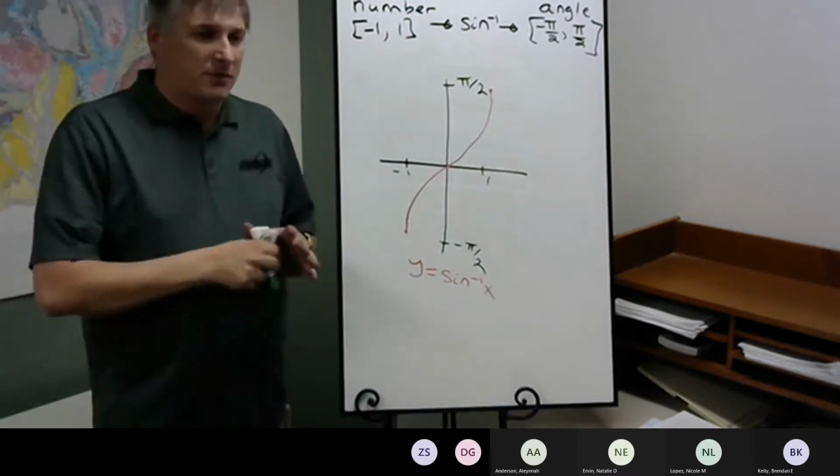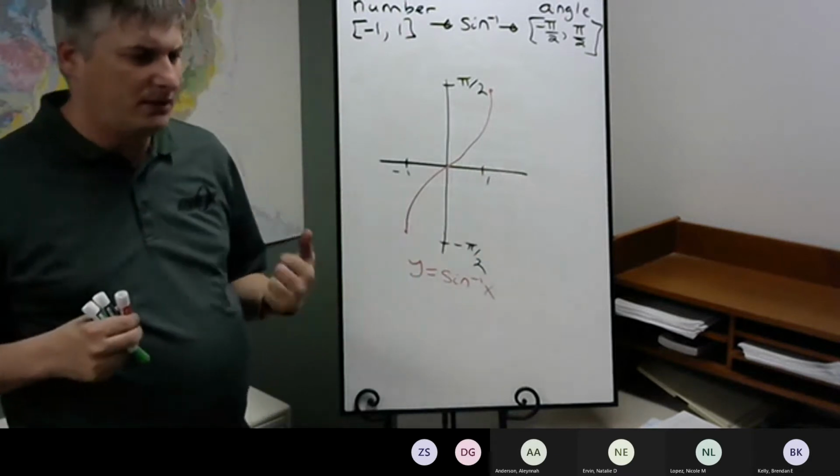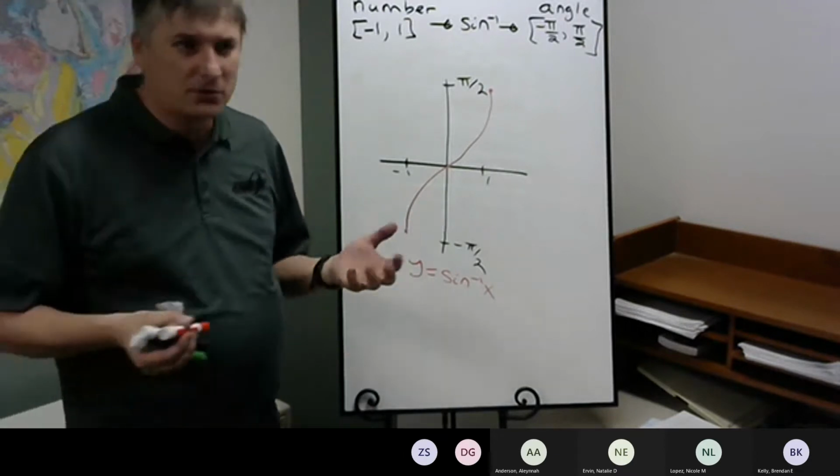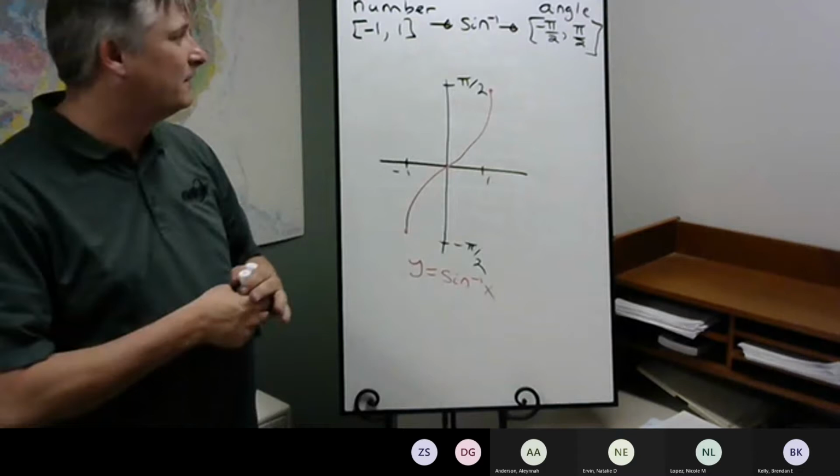Similarly, we do something with cosine, except for cosine we don't limit its domain to -π/2 to π/2. We limit its domain from 0 to pi.